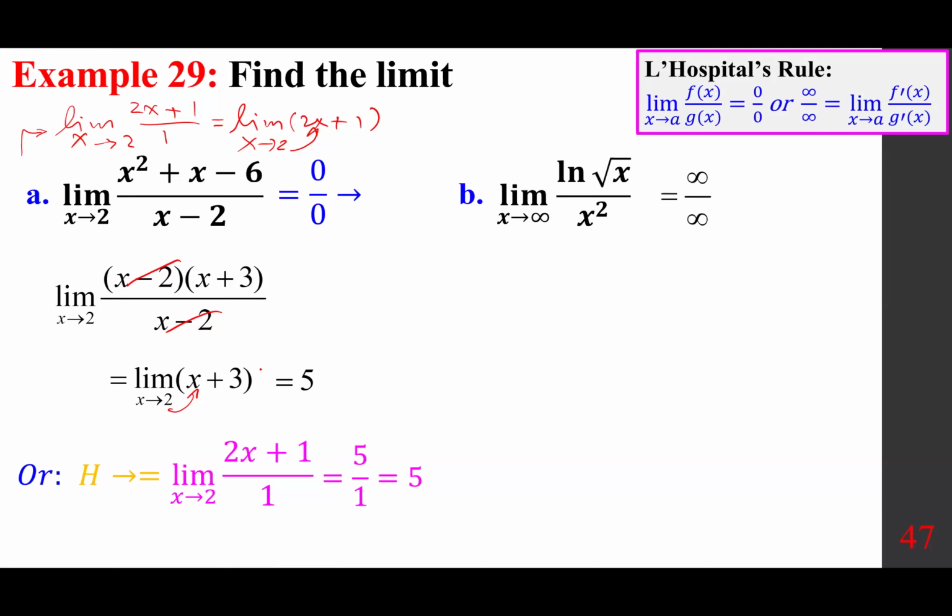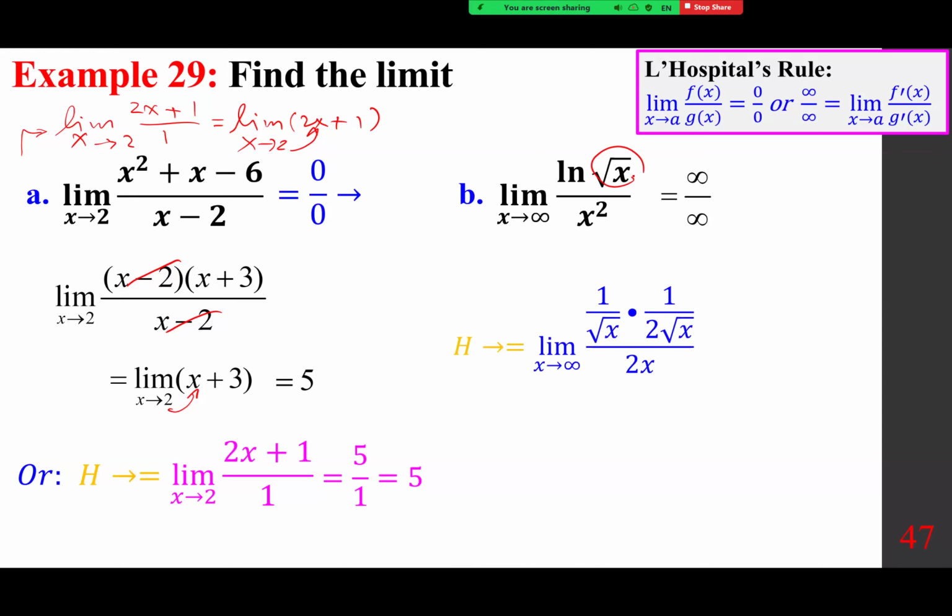And to differentiate the top, I have 2 ways. I'm going to quickly go over one method, and then I'll show you the easier method. The way it is, remember, you have to flip this over, right? 1 over square root of x. And then the derivative of that, by now, you may know it's 1 over 2 square root of x. And of course, x squared gives you 2x.